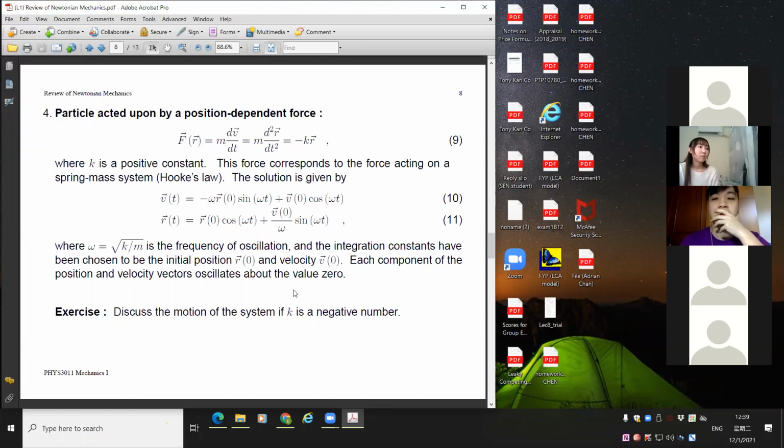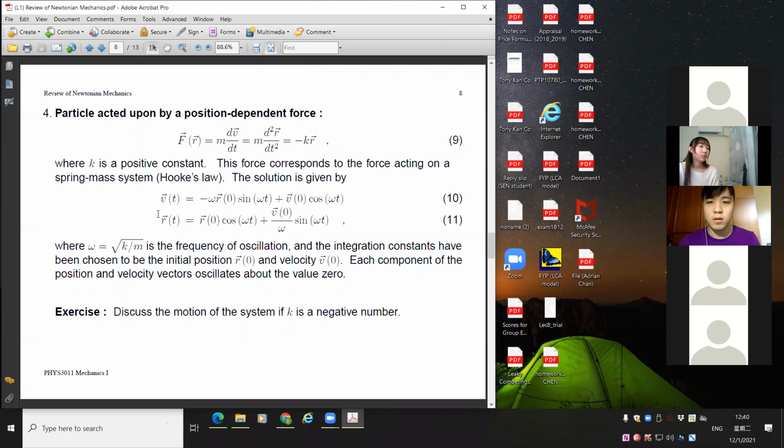Now, let us look at a very simple one. The force is proportional to the position vector, the displacement vector, with a minus sign. Now, the force corresponds to the force acting on a spring mass system, Hooke's law. And we know that the solution is given by equation 10 and also equation 11.